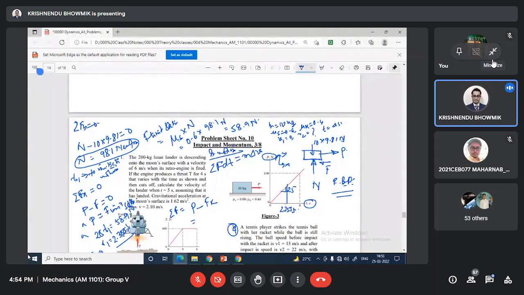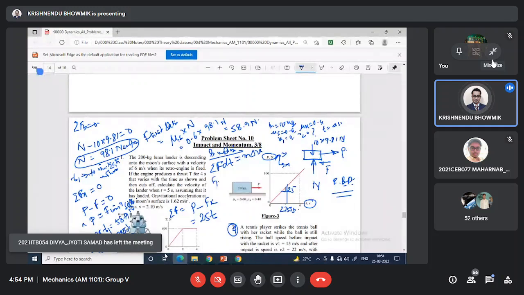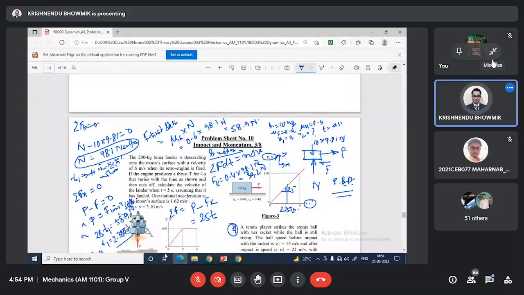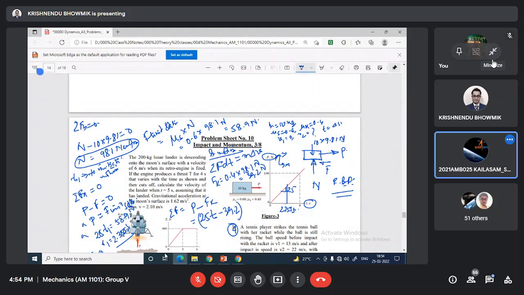Kinetic. P is 25T. What is Fk? Fk equal to 0.4 multiplied by 98.1 Newton. That is 39.2 Newton. Okay. So minus 39.2.